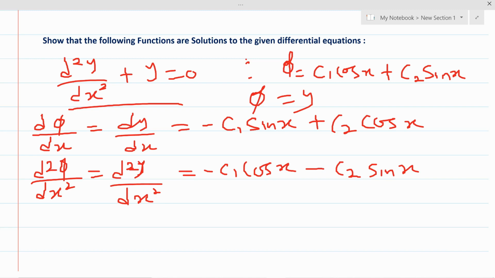Now we put everything inside the equation.